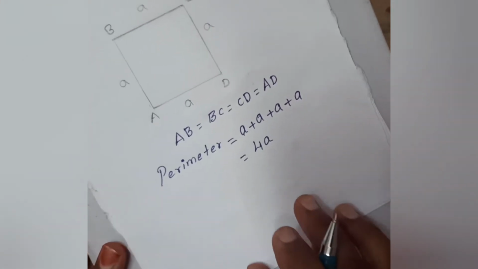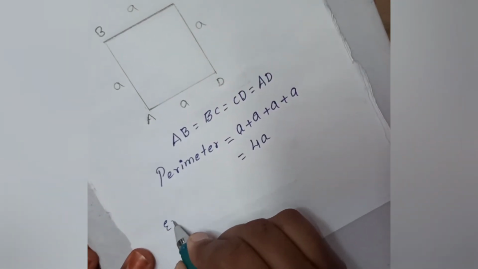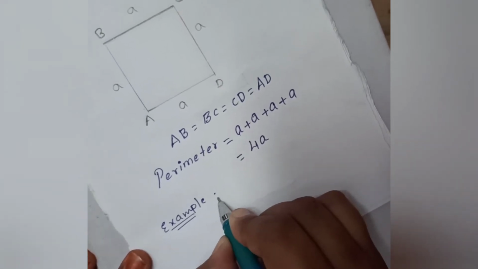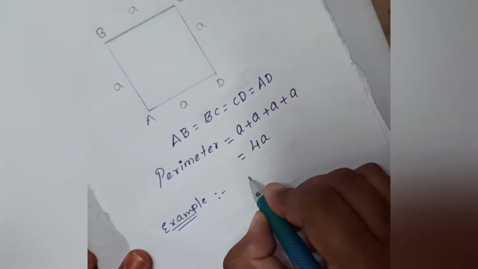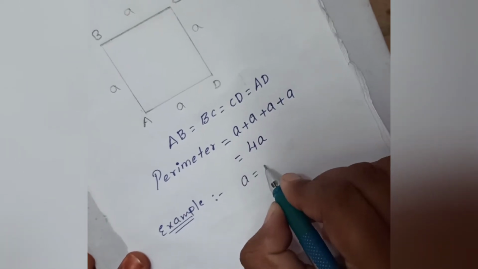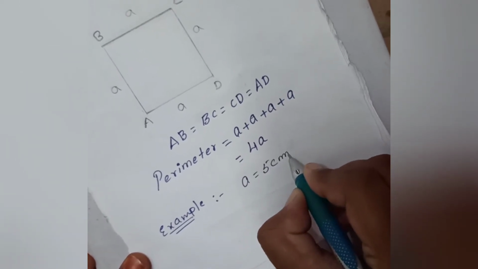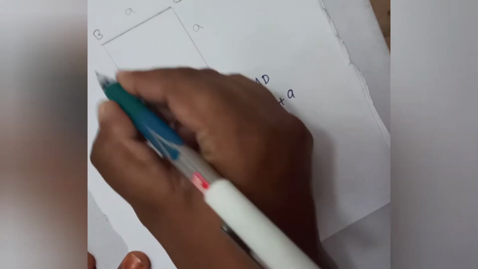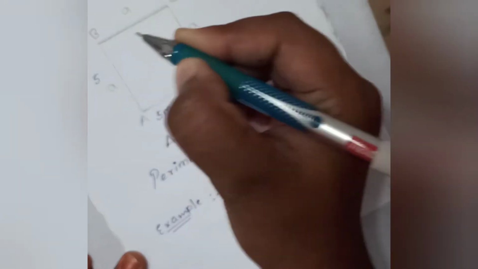A small example. For example, A is equal to 5 centimeters. So this is 5 centimeters and this side also 5 centimeters.